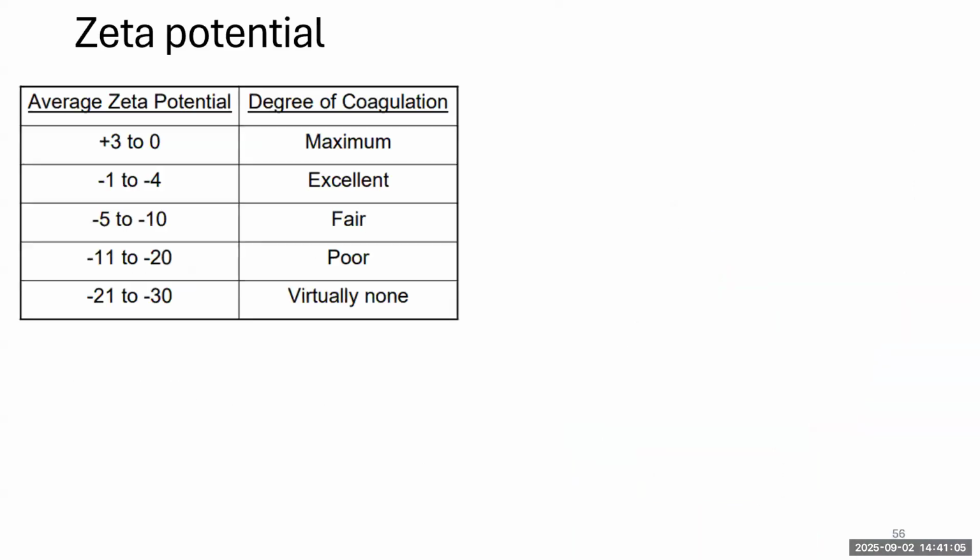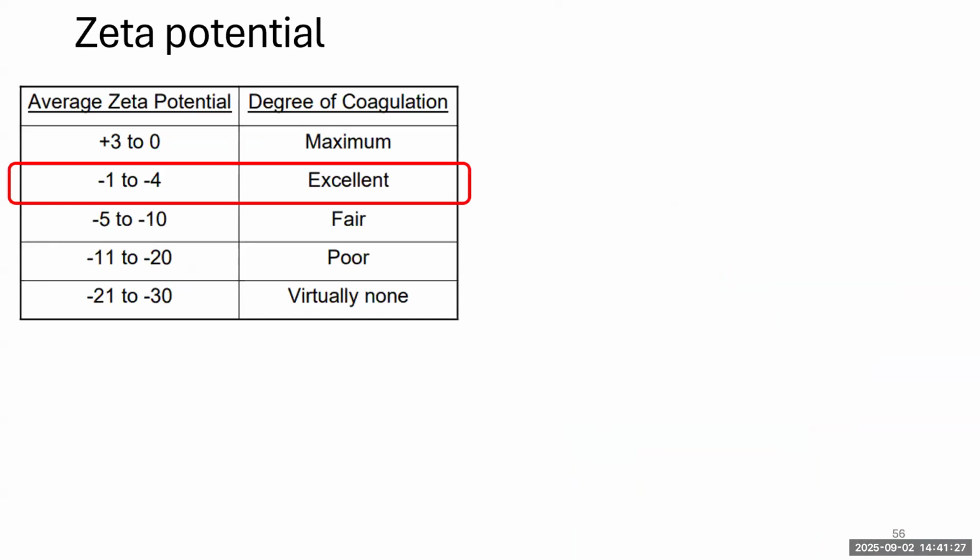And one of the ways we can track how well our coagulation process is working, besides observing the settling and the turbidity, is to look at the zeta potential. The sweet spot is just slightly negative. What this is really measuring is the balance between the negative and the positive charges.